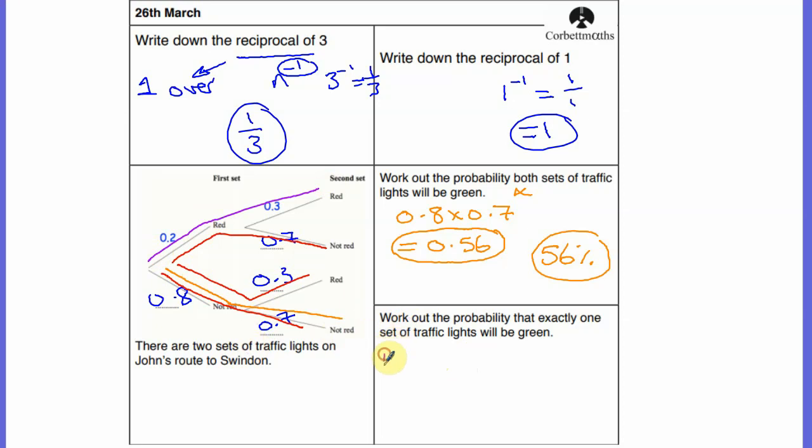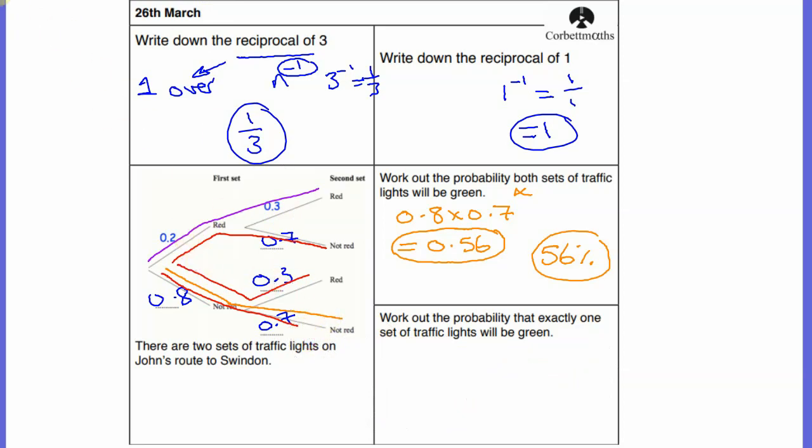So if I do the probability of red then red, that's going to be 0.2 times 0.3, so 0.06. So the probability of it being, oh sorry, I read the question wrong. Probability of it being green exactly once.